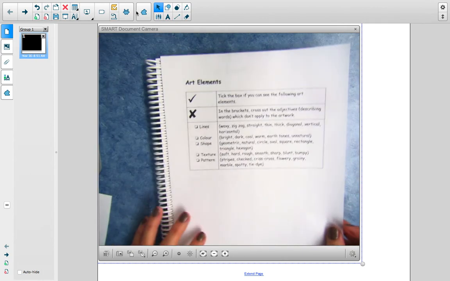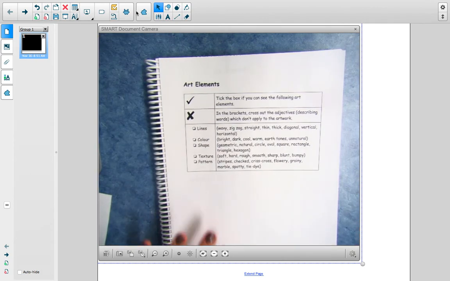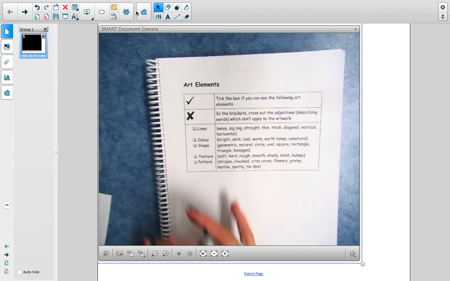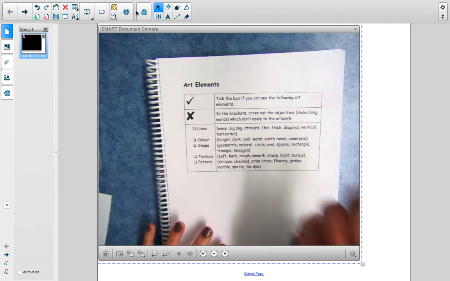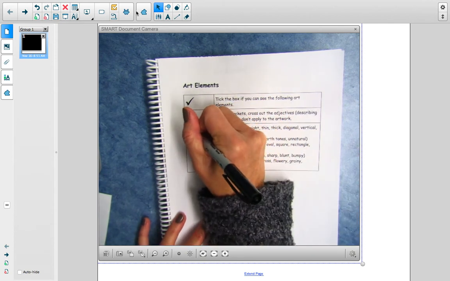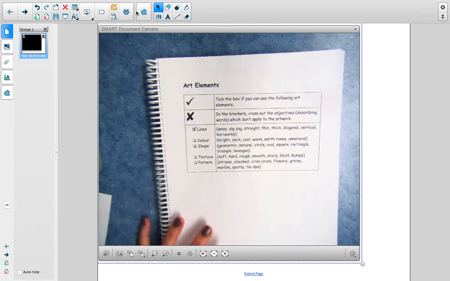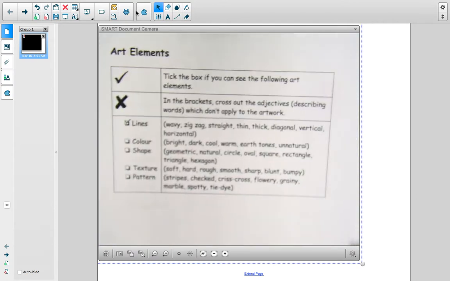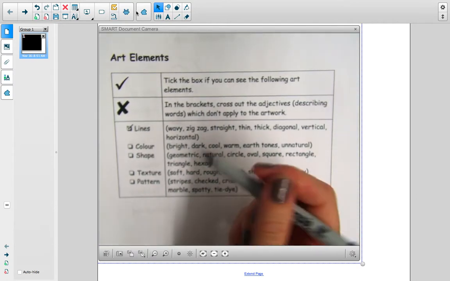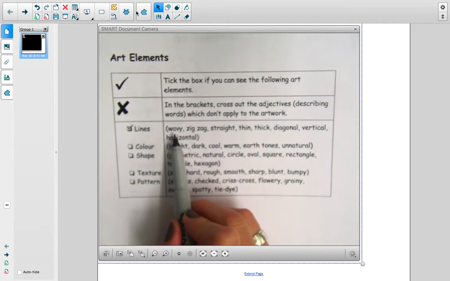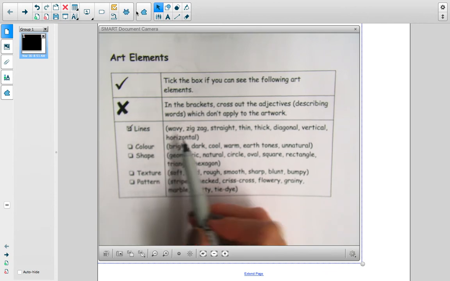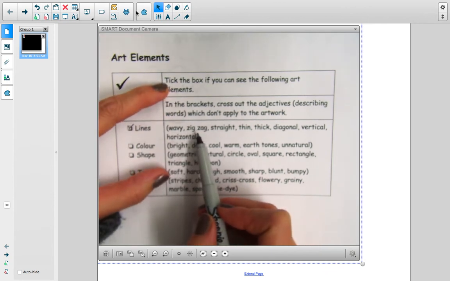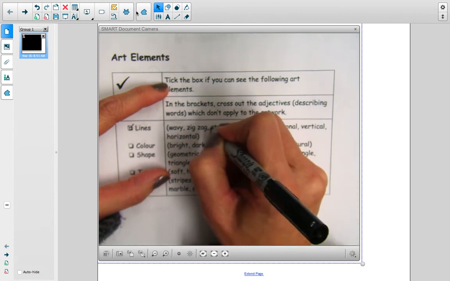So when you're looking at your art project, for example, the Rangoli art, then I would check the box for lines because there are many lines in Rangoli art. I'm going to zoom in here a little bit. And let's say I can see wavy, so I'm going to leave that one. But there's zigzags, but there's no straight lines.